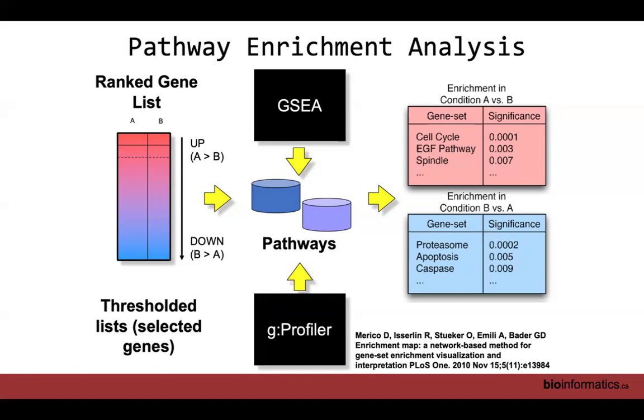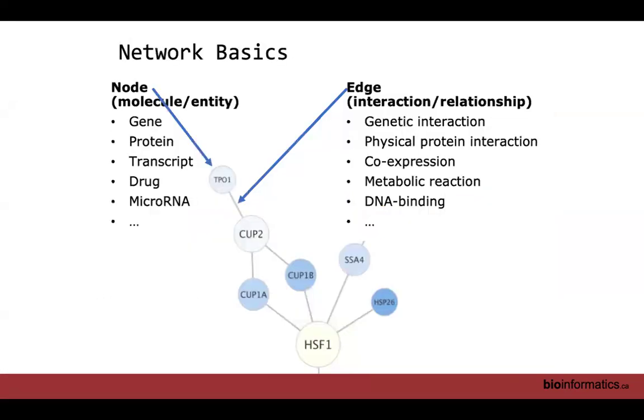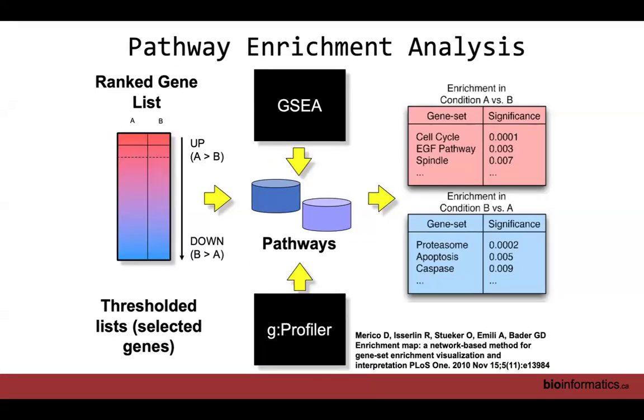We send both of those lists through our enrichment algorithms, and we overlay them with a set of pathways that we have also collected or pulled from somewhere else. Ultimately, we end up with a set of pathways that are enriched in condition A versus condition B. So we have a set of pathways that are upregulated, and we have a set of pathways that are downregulated.